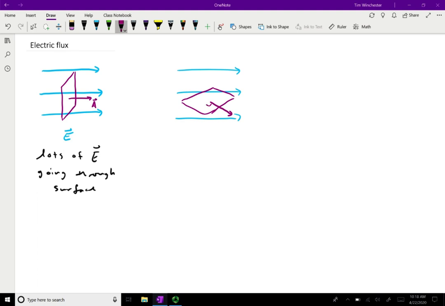Hopefully the perspective doesn't seem too weird there. Here I have less electric field. Still some is passing through, but less. Oops, let me change colors here. So less electric field through the surface.